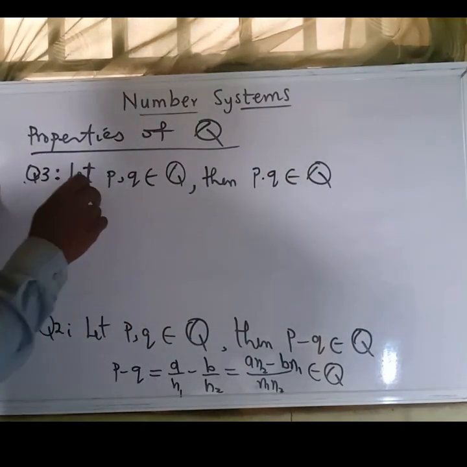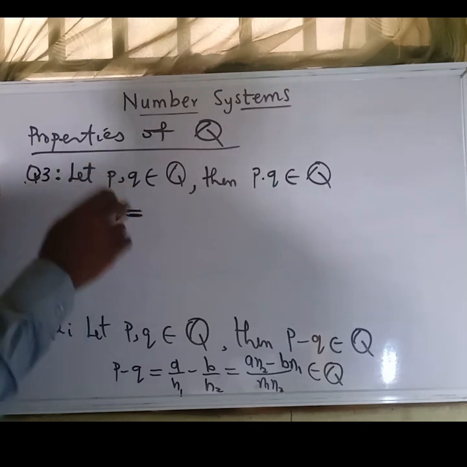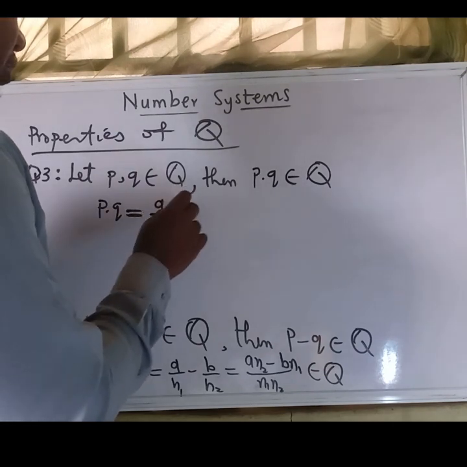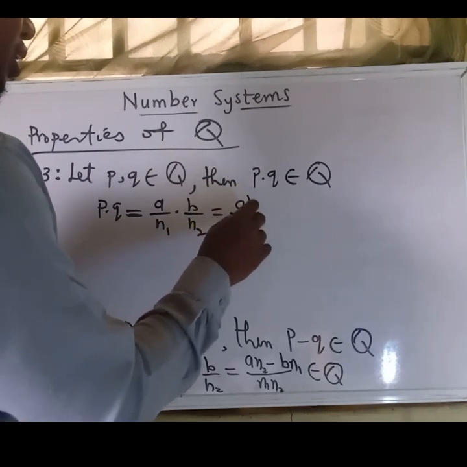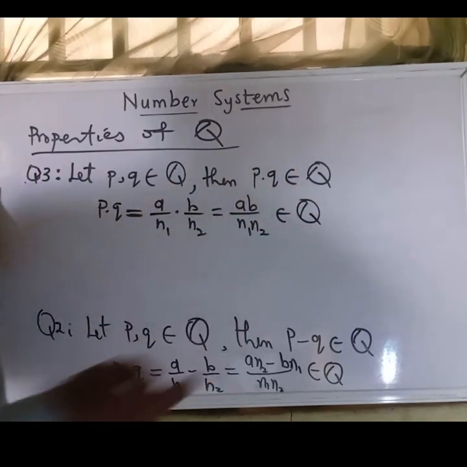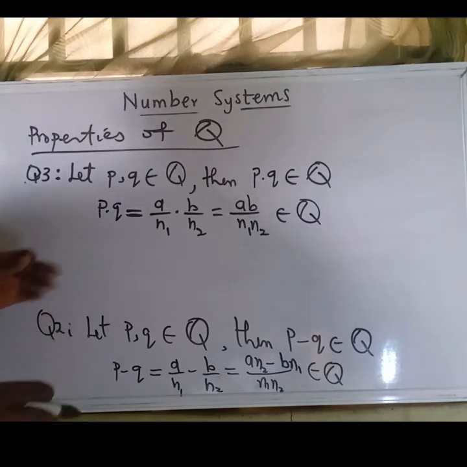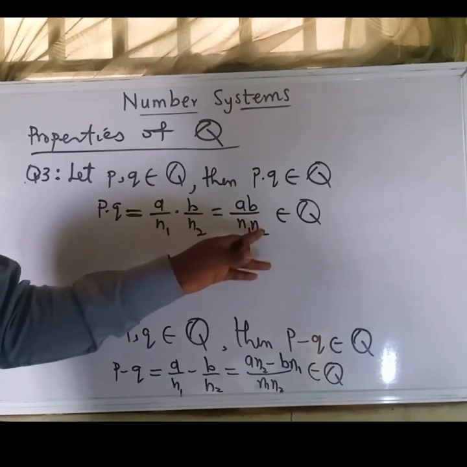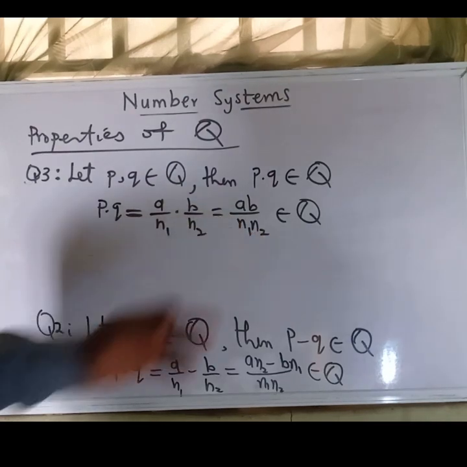Let's see that P dot Q will give AN1 multiplied by BN2, and this is AB over N1N2. So what we are seeing is that the answer here is also a rational number. And for division, in any of these cases, this denominator does not give 0. There is no way we get 0 in the denominator, because these two numbers are natural numbers.